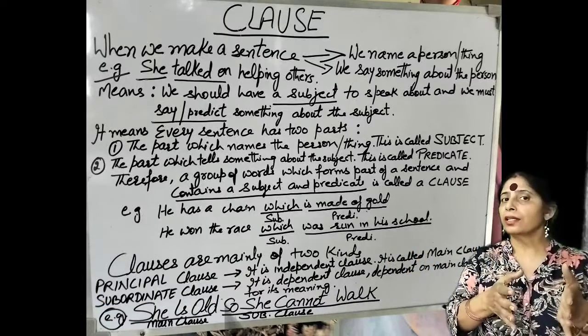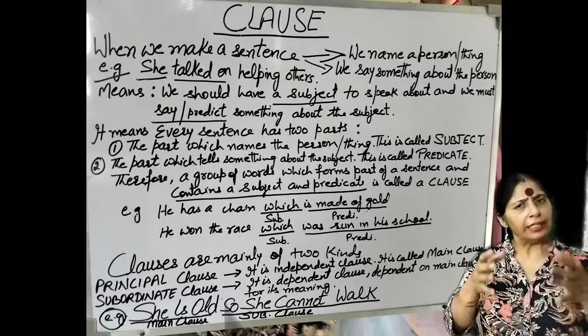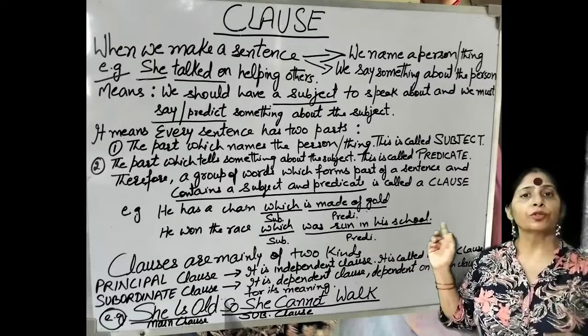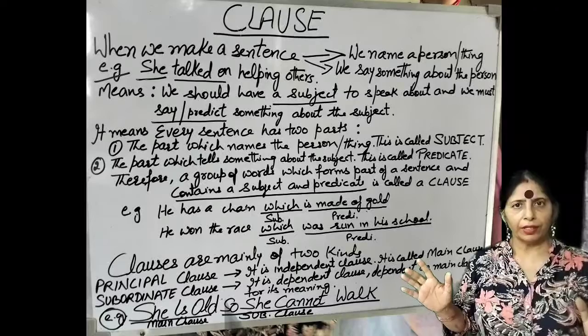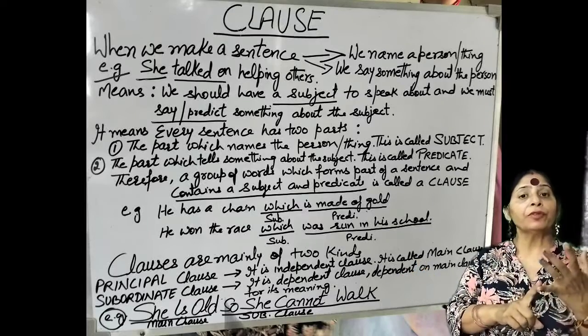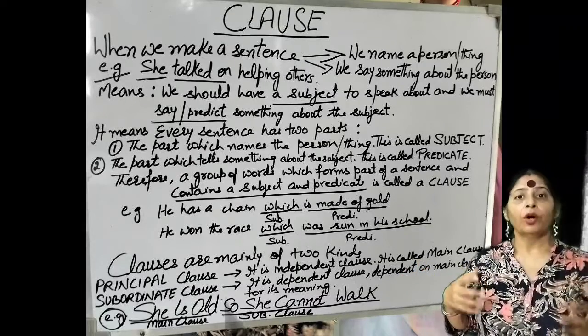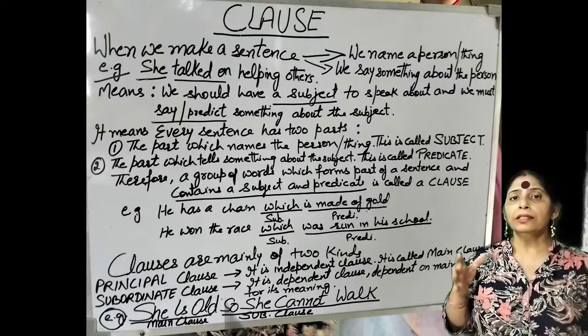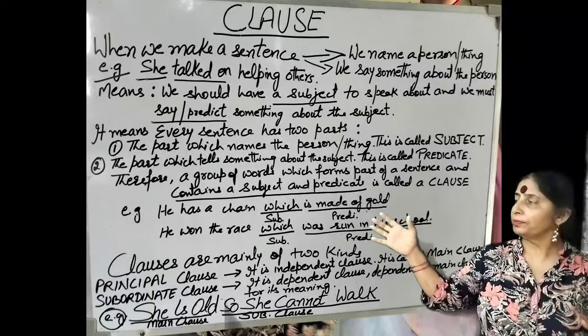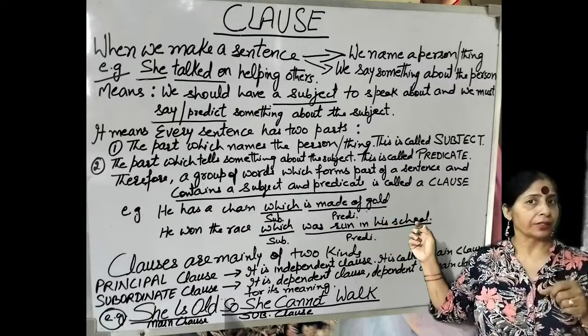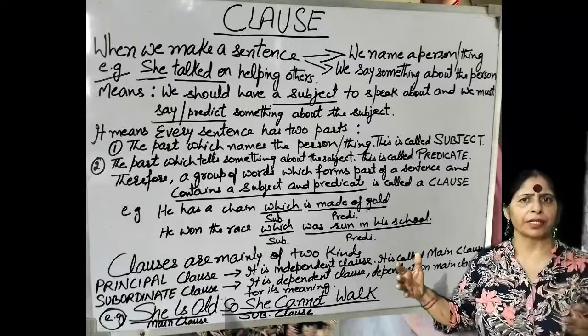So each sentence has two parts. One part names the person or names the thing, and this part is called the subject, because we talk about the subject.